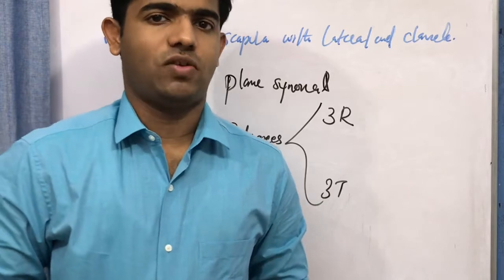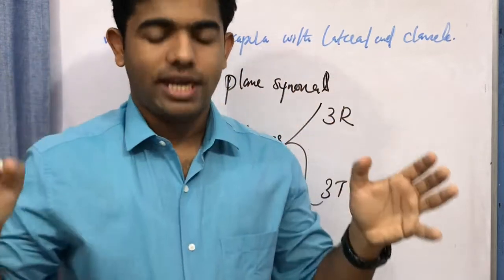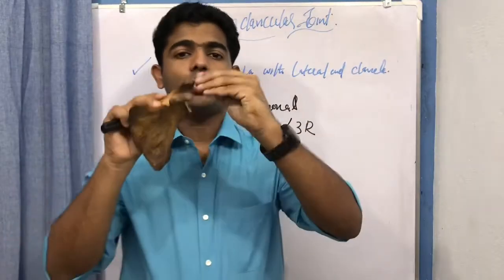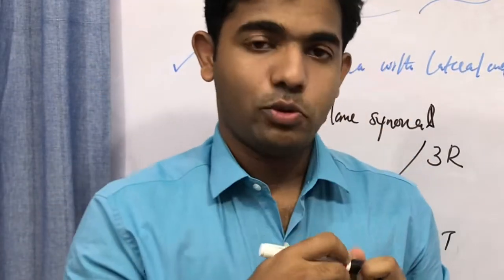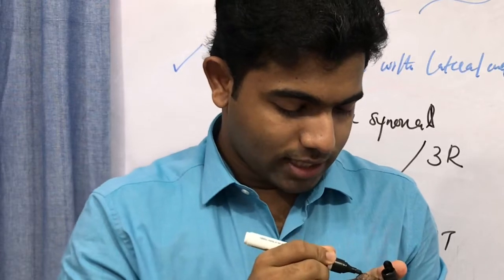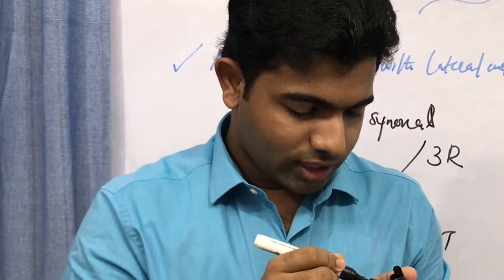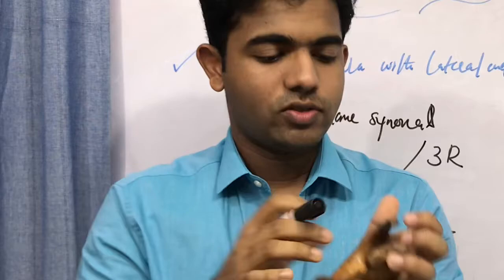Here we need to specify, because it's not the entire acromion process that is going to articulate. It is a small facet in the acromion process. Can you visualize it from this bone? Let me mark it with this color so it can be easy for you to visualize. See this one.